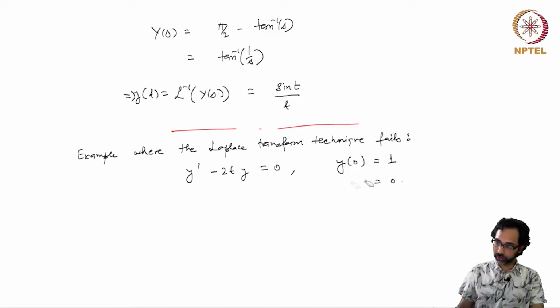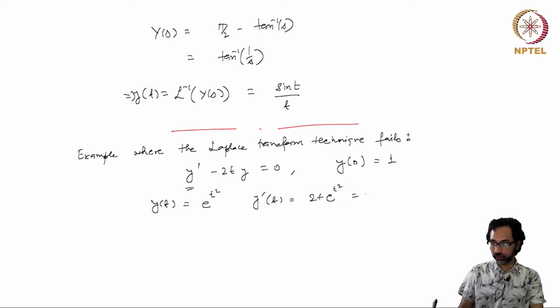Well, y prime(0) is not needed because we have only a first order differential equation. Now the solution to this differential equation is e to the power t square. As we can see, y prime(t) equals 2t e to the power t square, which is 2t y(t). So y(t) is a solution to this differential equation, but the Laplace transform of y(t), as we know, does not exist.